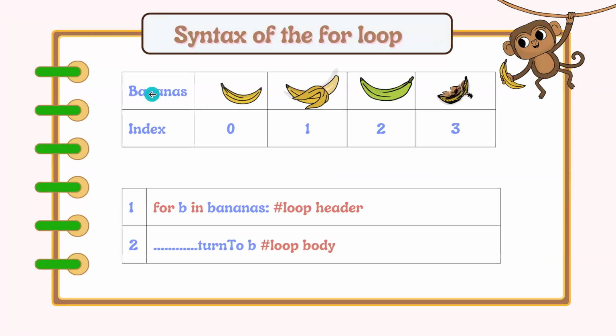Here banana is another content, the different type of banana. Those are the array variable or loop variable that b refers to.